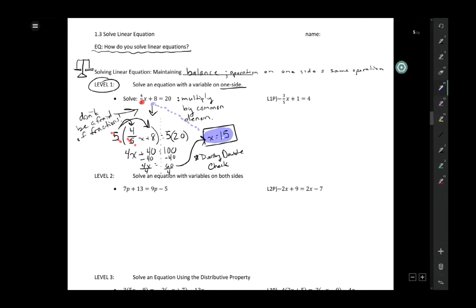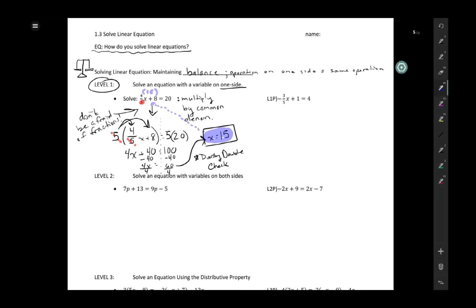Remember, when we substitute, you want to use parentheses. And when you do that with 4/5 x plus 8 equals 20, you should get 20 back out. So, the Dvorsky double check your answers. You guys put a lot of hard work into them, so you might as well go back and double check. You don't want to do all that work just to lose points and find out you made a silly mistake.